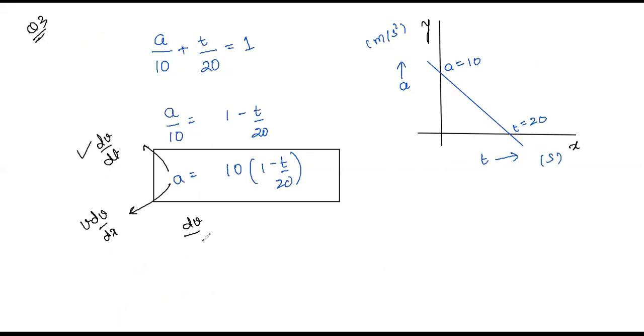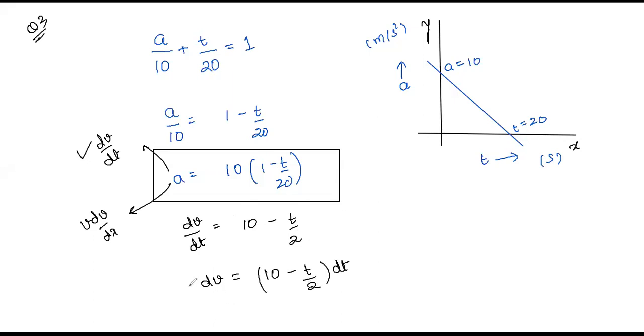Right. So since acceleration is given in terms of time, we will take a is equal to dv by dt, is equal to 10 minus t by 2, and all we have to do is group the variables. I'll repeat for everyone. The steps are: group the variables together, so take dt on the RHS.